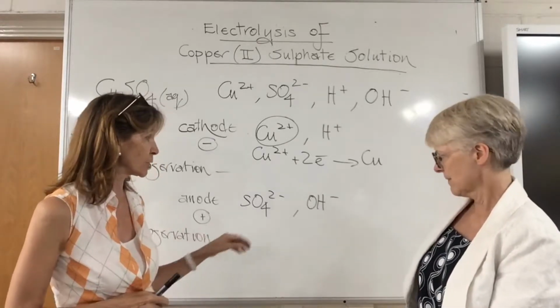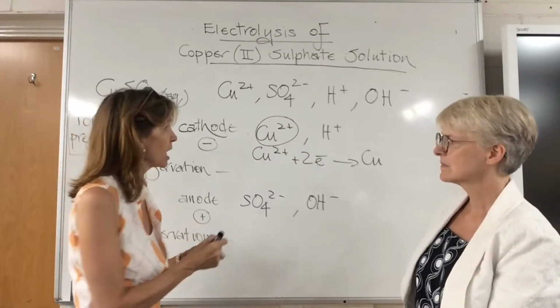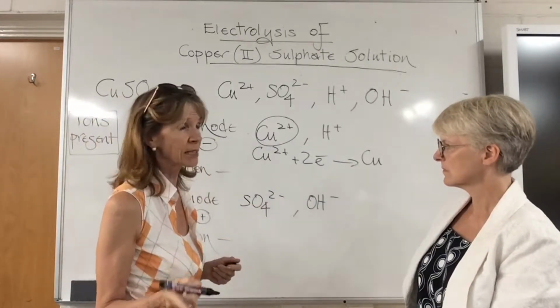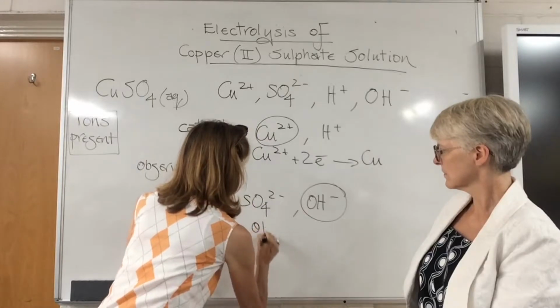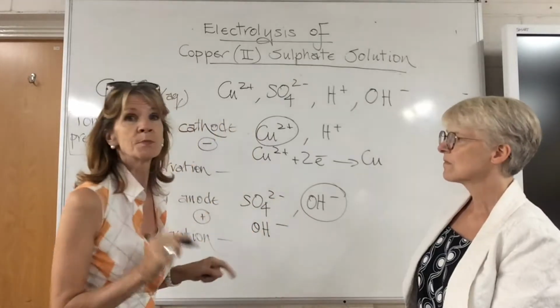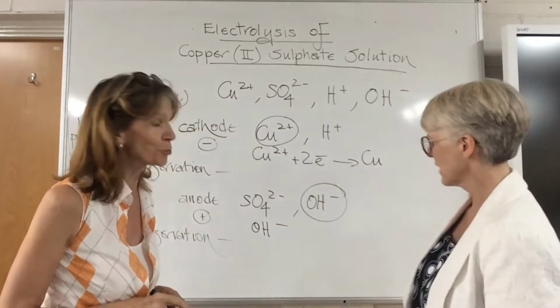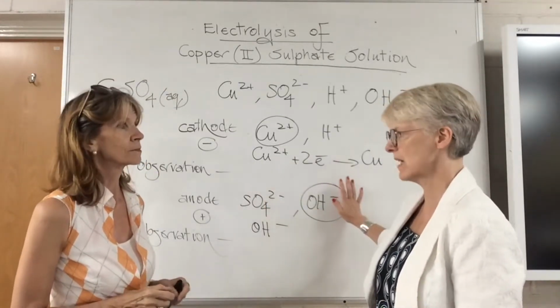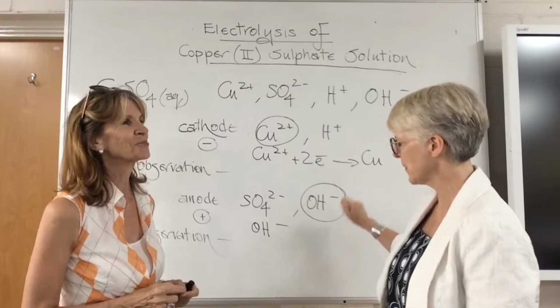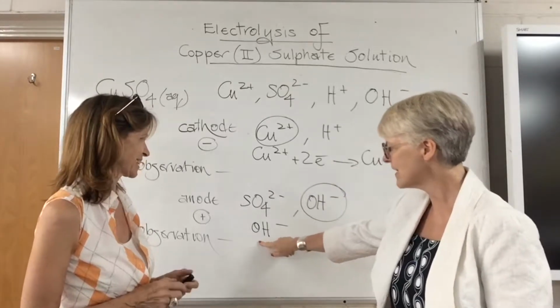Now in this case, we have sulphate and hydroxide. So the hydroxide will lose its electrons to the anode. And that's the one that's preferentially discharged. Okay, so if there was a halide, it would be a halide. If there's no halide, it'll be a hydroxide. That is correct.